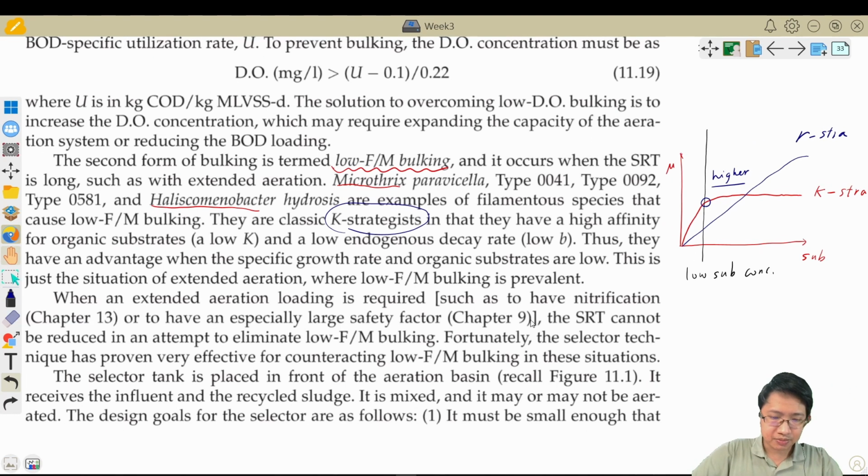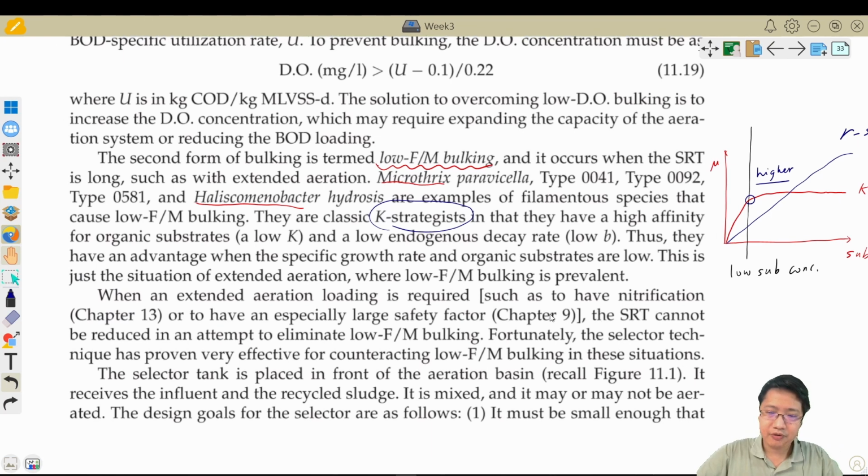So those filamentous bacteria that we just mentioned, Microthrix and also Haliscomenobacter, all belong to the K strategist bacteria. So under low F/M ratio conditions, they will generally become predominant in your system and cause bulking sludge.